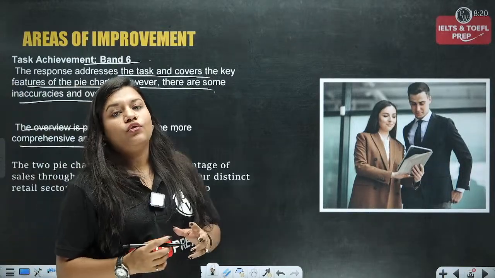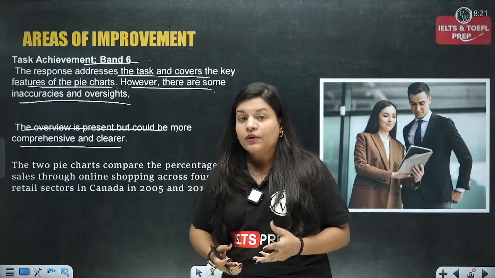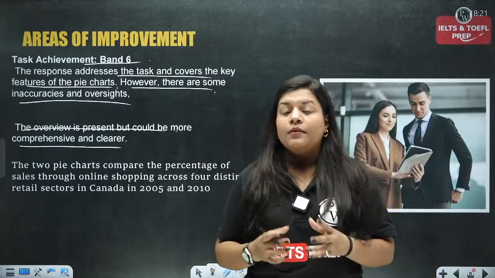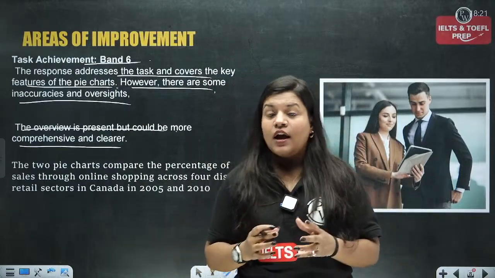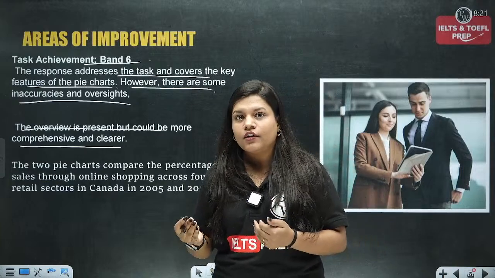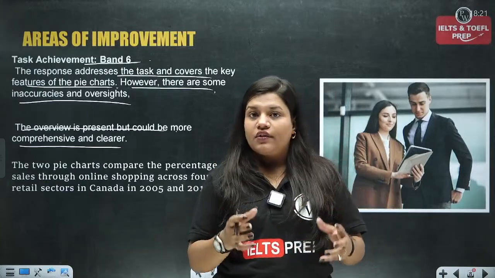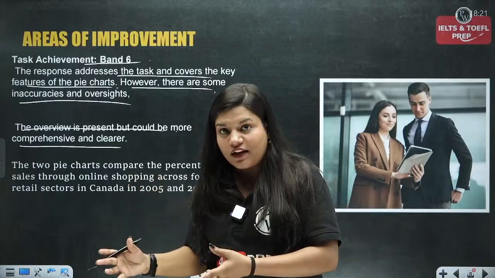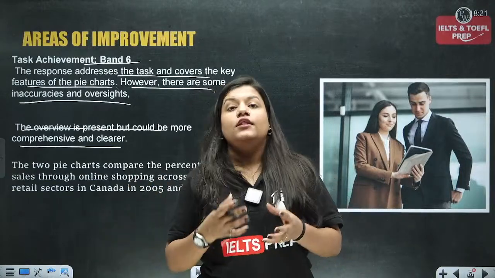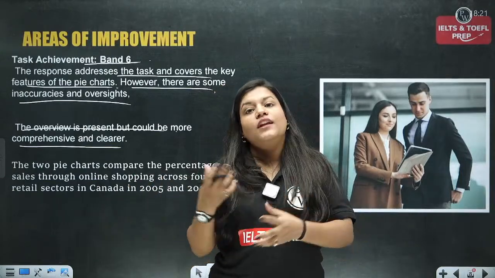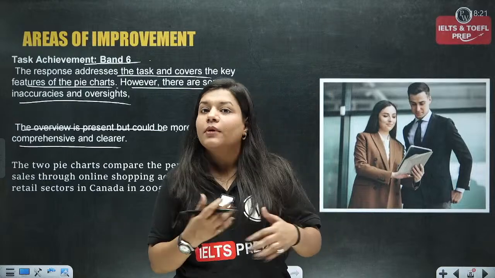As I have already told you, the overview was good and the introduction was good, but if you name the sector, it will be more precise. If the names of the sectors are already given in the question, you can just number them in your answer. But if the numbers are given in the question, you can name them in the answer, so that it becomes more precise.